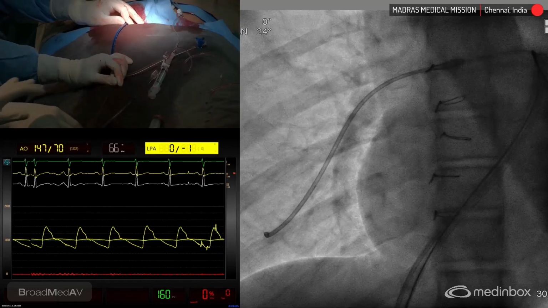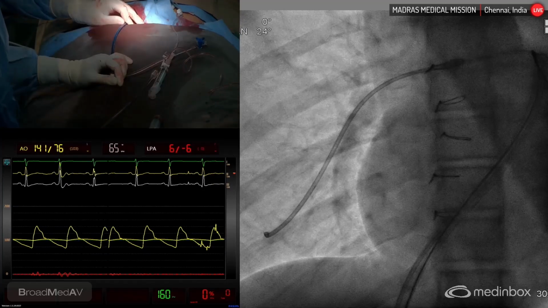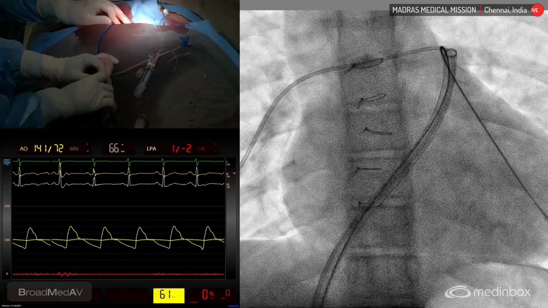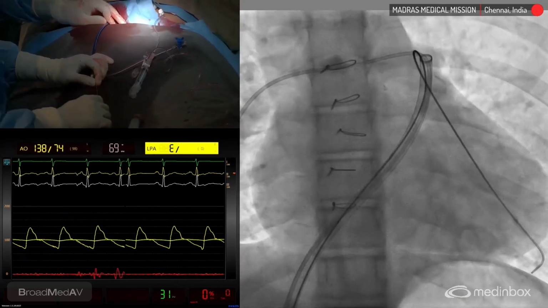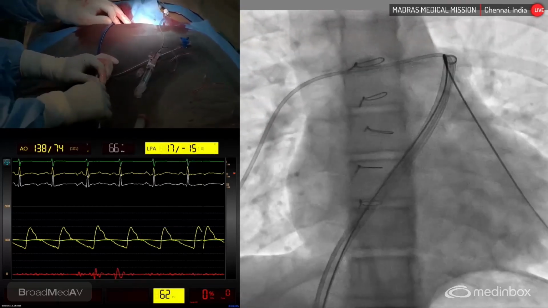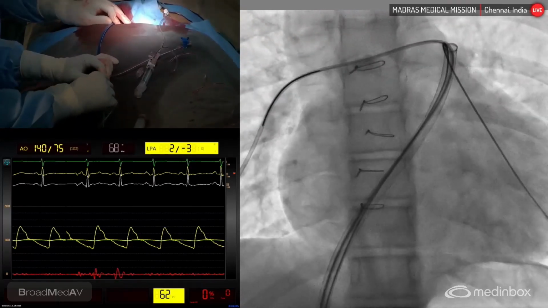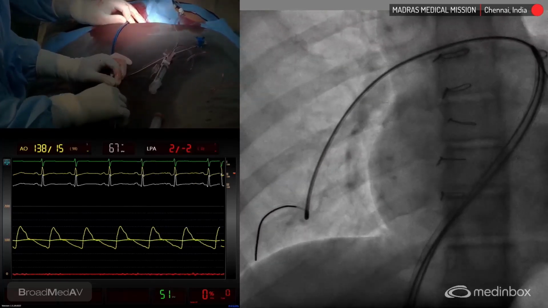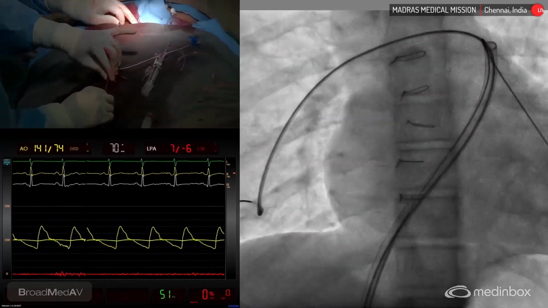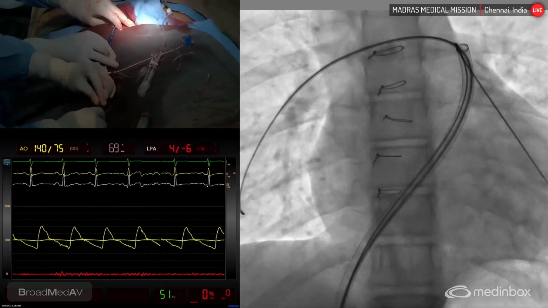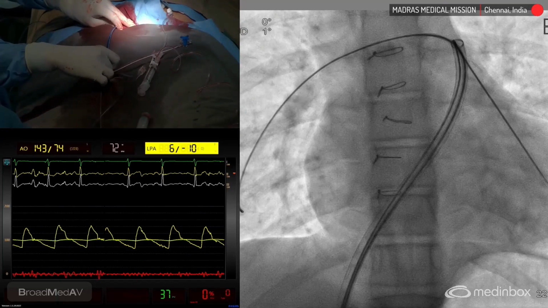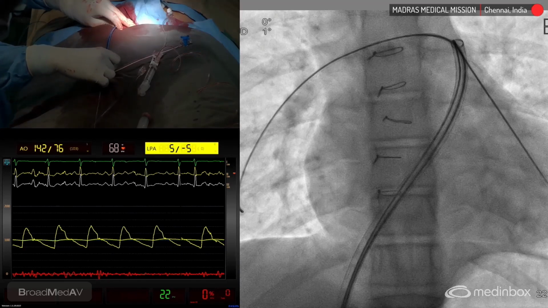So I'm now going to get the Lunderquist wire into the right pulmonary artery, center the heart. So now we have two wires, one going to the right and one going to the left.